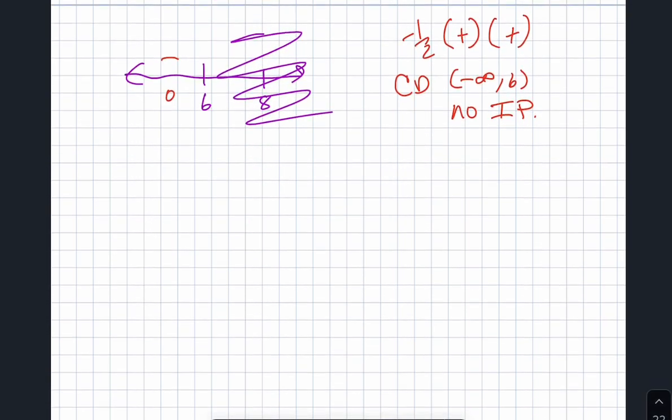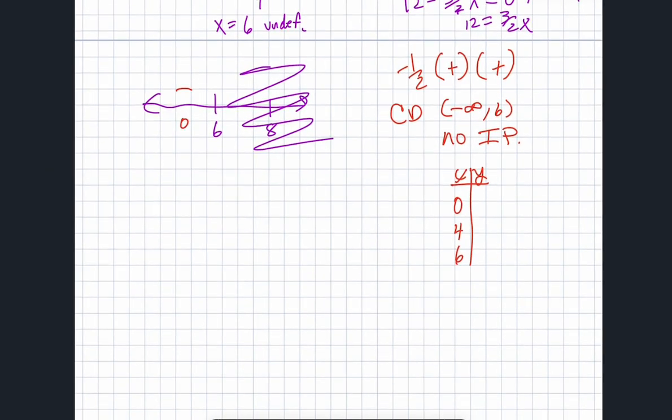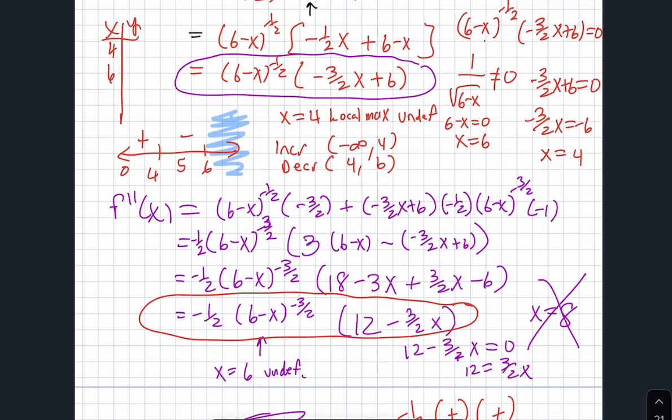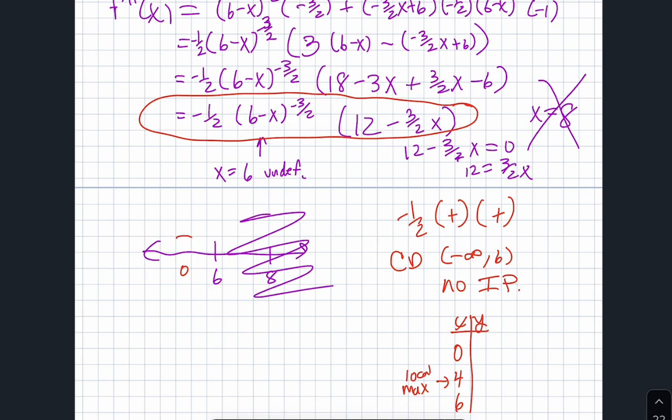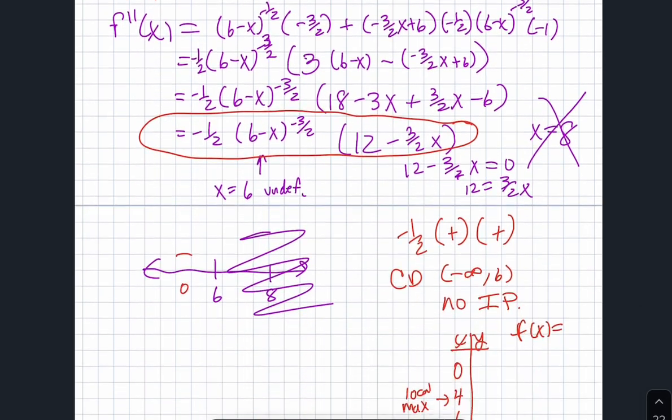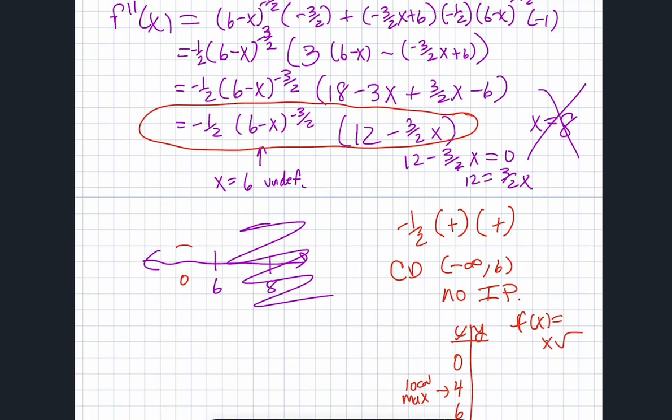Let's plug in 0, 4, and 6. Okay, so let me write down the original function. What was it? x square root of 6 minus x.